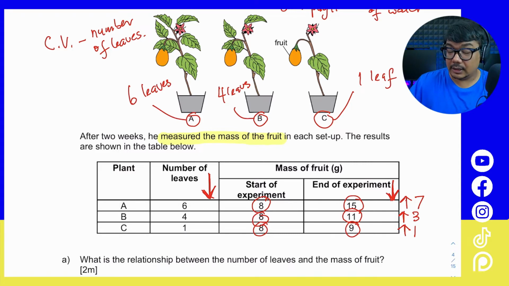So that is the table. Always remember, whenever you have a table, it is important information that you need to extract. Look at the relationship, look at what is happening, and try to tell yourself why the result is like that. Now, let's move on. Question A.